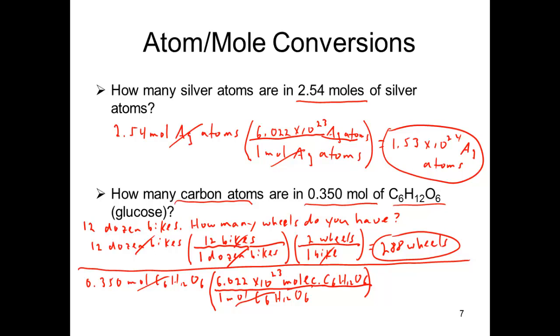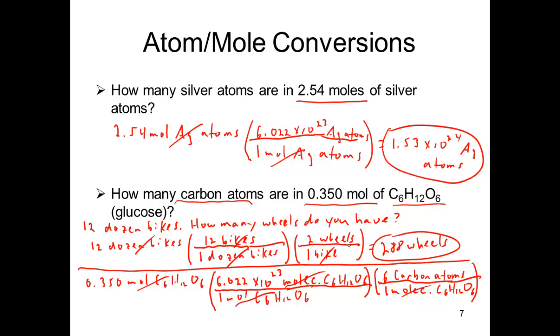So right now I'm in molecules of glucose. But I have to go to atoms, carbon atoms specifically. Well, here's what I know. I have molecules of glucose here, and I know that for every 1 molecule of glucose, there's 6 carbon atoms. So my molecules cancel.